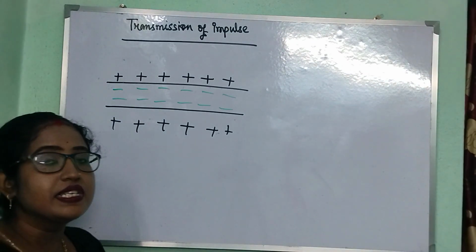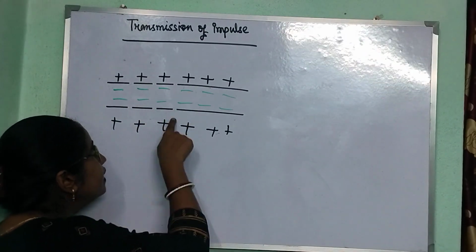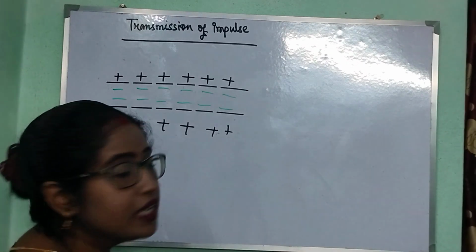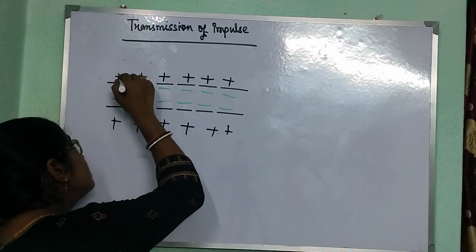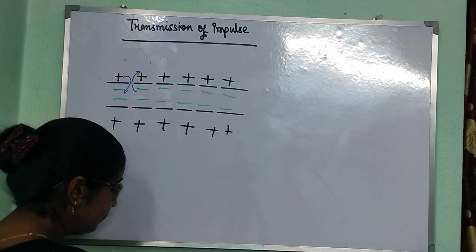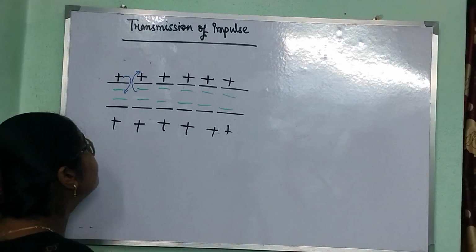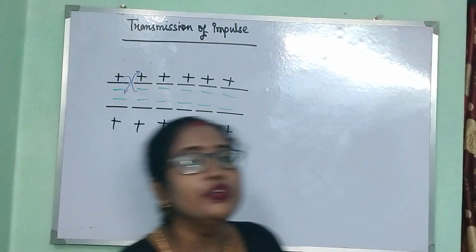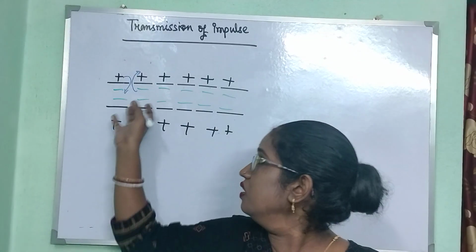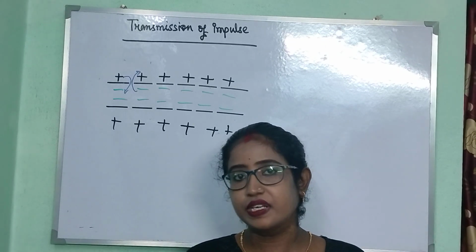When an impulse is generated, the ion gates are opened, and the positively charged ions go inside, whereas the negatively charged ions go outside. So in rest condition, the ions in the extracellular fluid are positively charged, and the ions present in the cytoplasm are negatively charged.